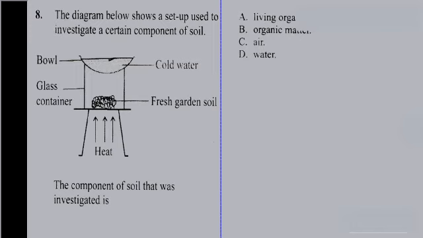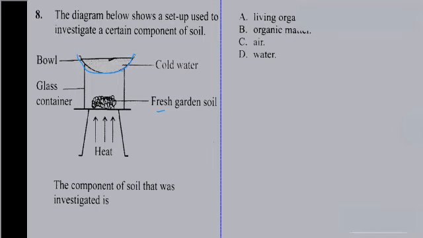And now we are going to an experiment on soil properties. The diagram below shows the setup that was used to investigate a certain component of soil. We heat fresh garden soil in a glass container, and there is cold water put here.